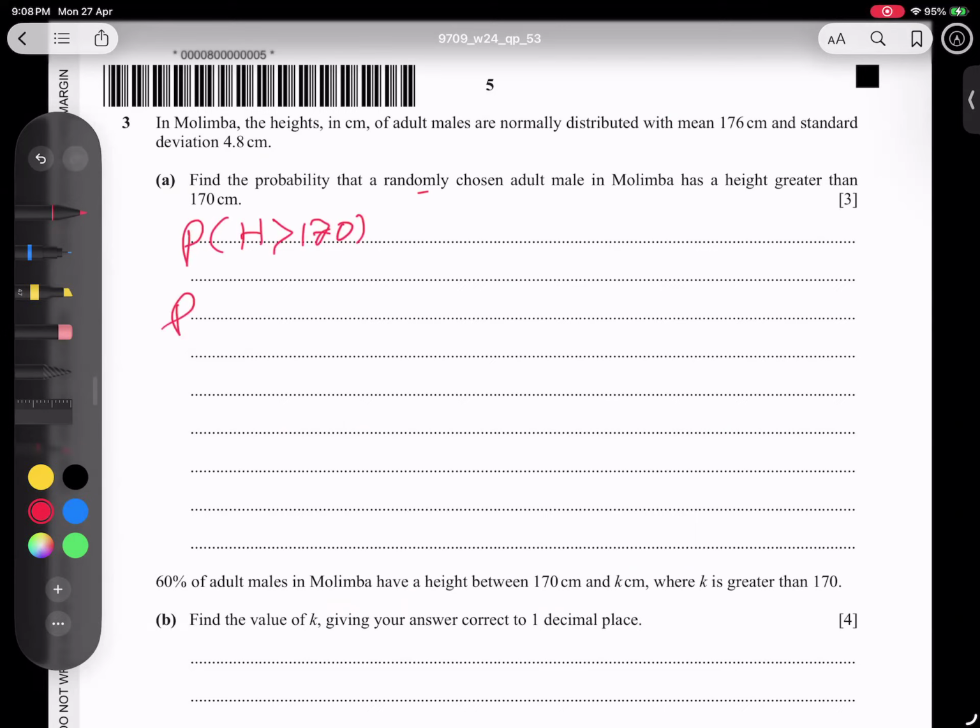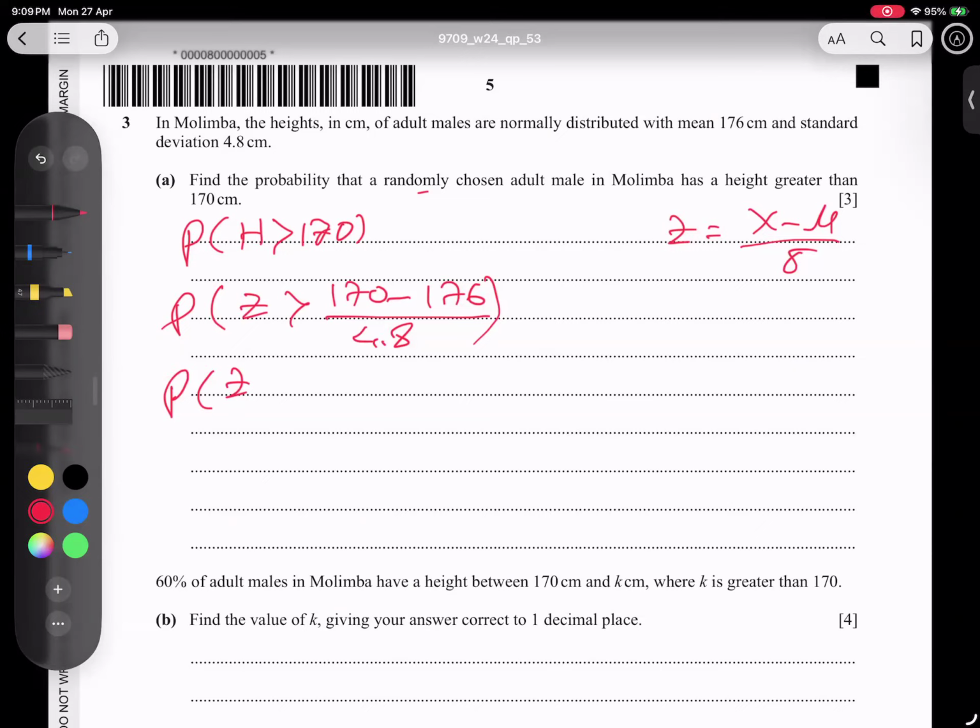And you know the formula very well if you want to convert the height. So how to convert: z is equal to x minus mean, divided by deviation. So x is 170 now, the mean value is 176, and the deviation is 4.8. This value is coming in negative, divided by 4.8.